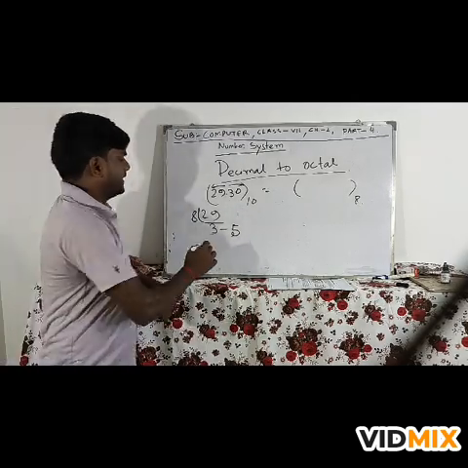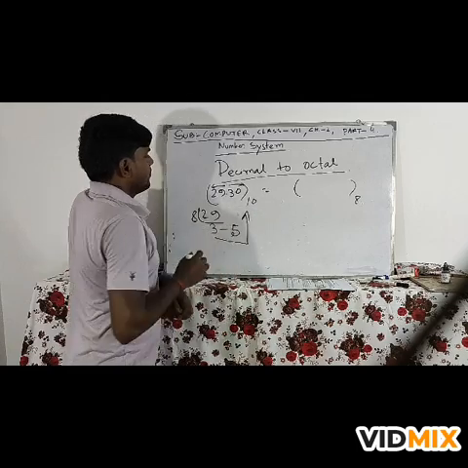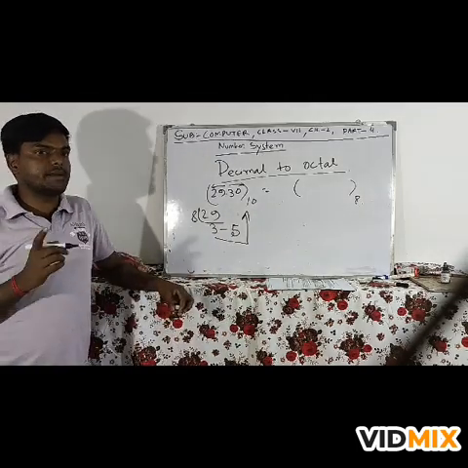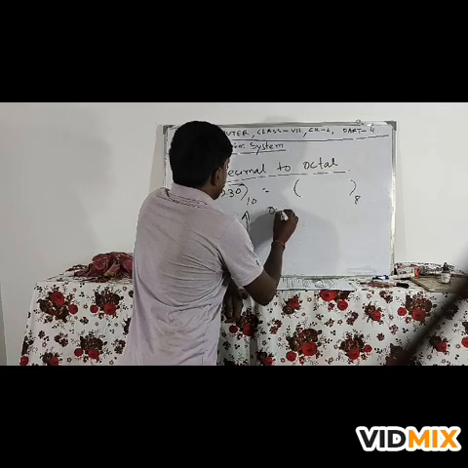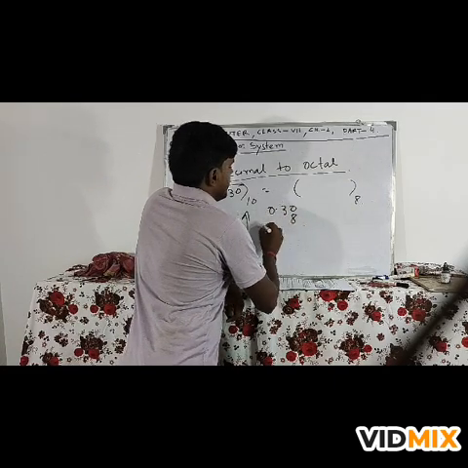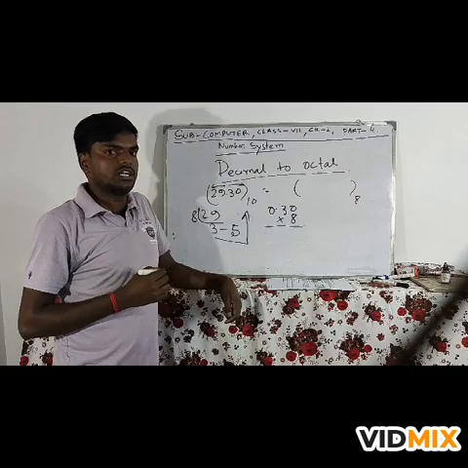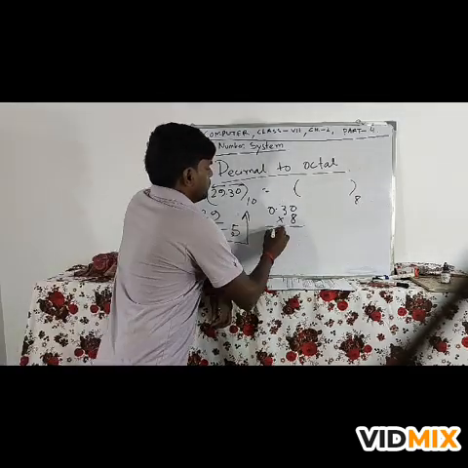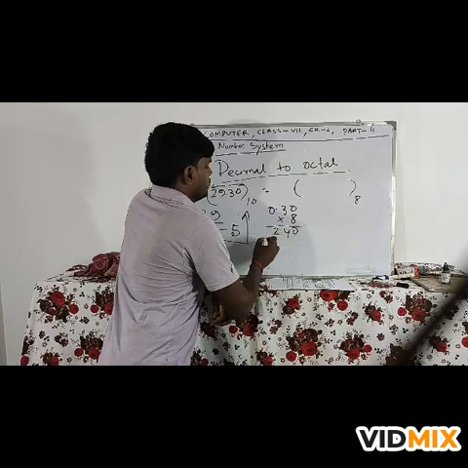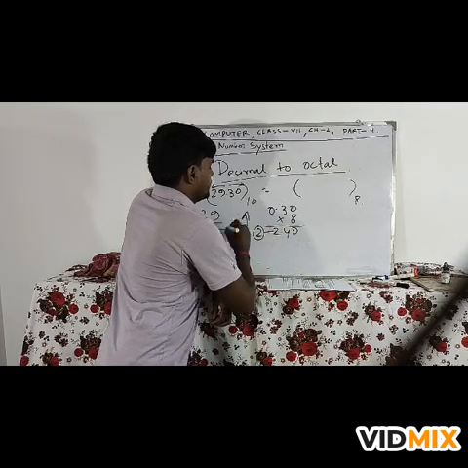Clear? And now the point, 0.30. Every time we multiply the fraction by 8. So 0.30 multiplied by 8. This is the process. We get 2.40, so 2 is the answer.